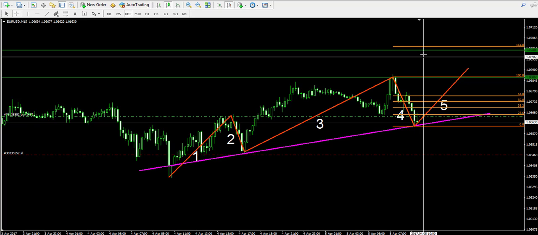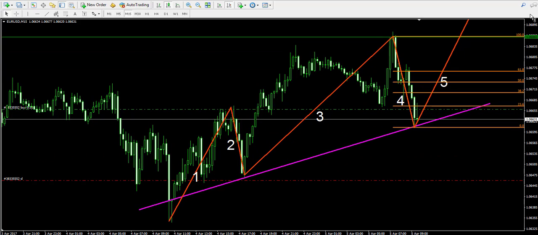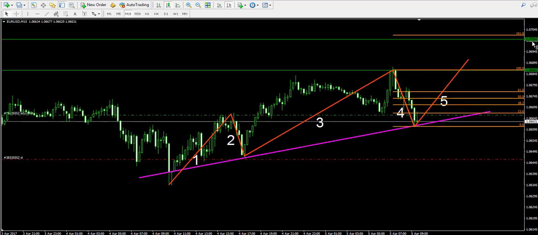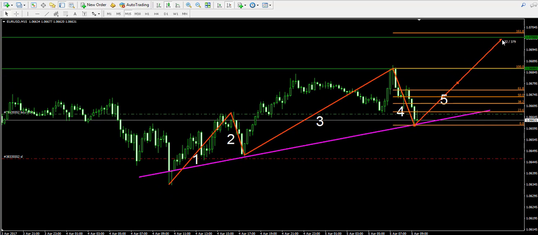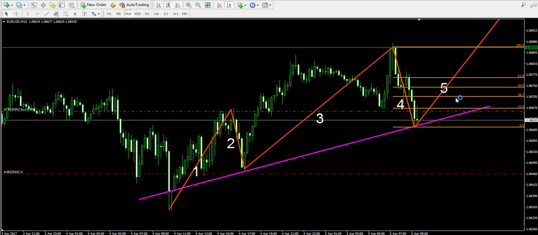And for this reason, I'm going to use this level for my second target. After all, we need to conform to psychological levels, and we should always put some meaning in our stop loss levels, take profit levels, or even in our entry points, of course.